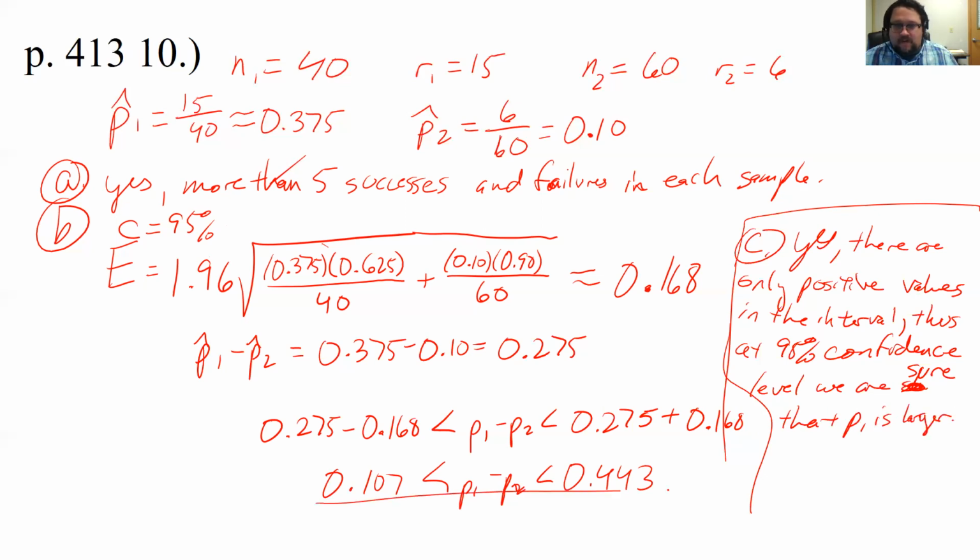So since all of these are positive values in that interval, that would mean that the first one would have to be bigger. If it was all negative values, that would mean the second one would have to be bigger with that confidence level. And then like we saw in the last example from the previous part of the assignment, if it's negative to positive, then we're not sure which one's bigger at that level of confidence.